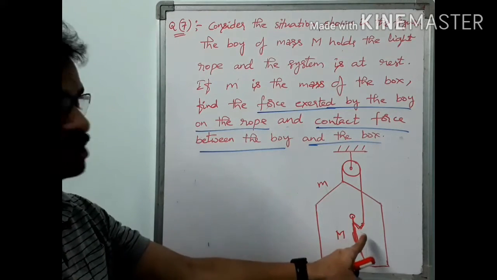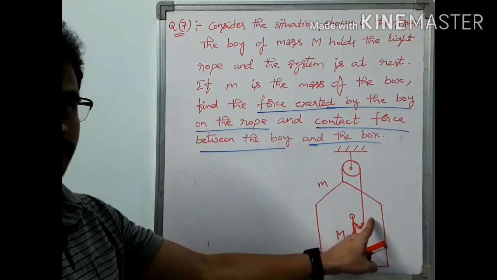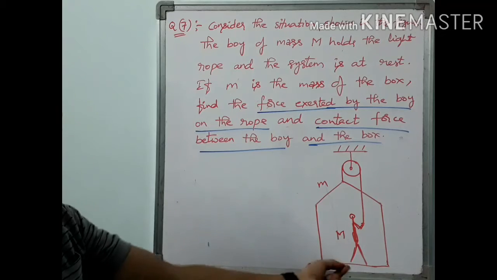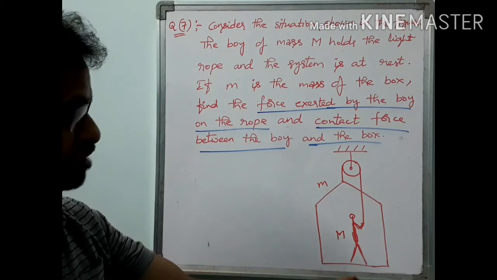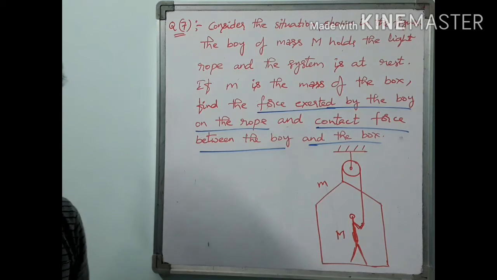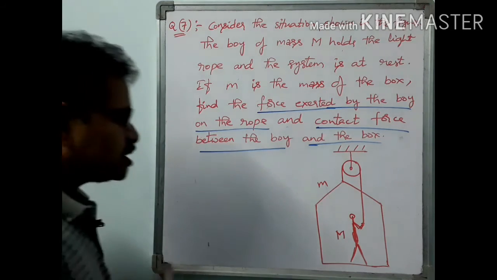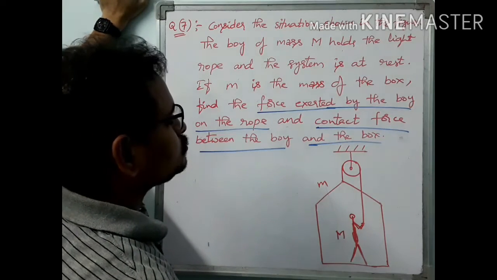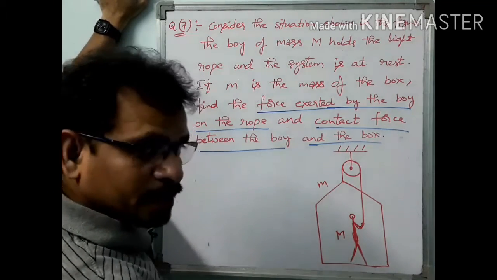See how much force the boy is exerting on this rope, that is the tension force, and the contact force, that is the normal reaction force or normal contact force between the boy and the floor of the box. See what shall we do here? Let us take FBD of the boy.